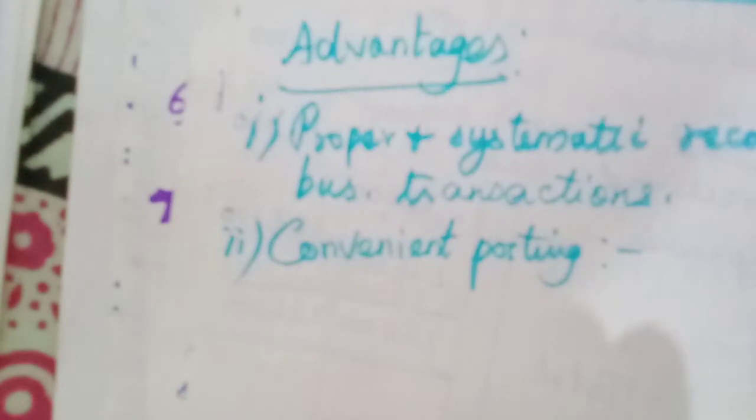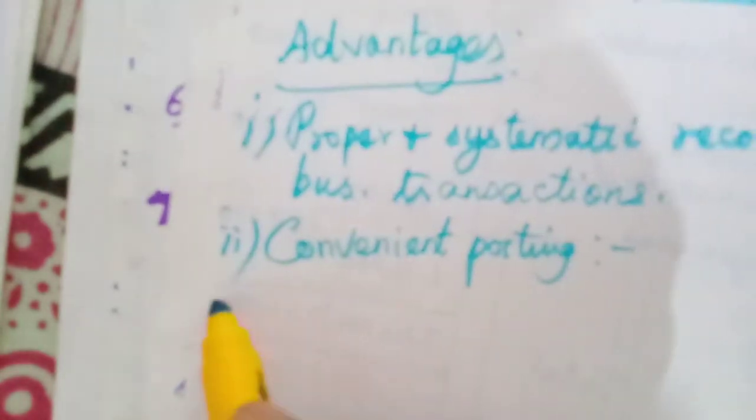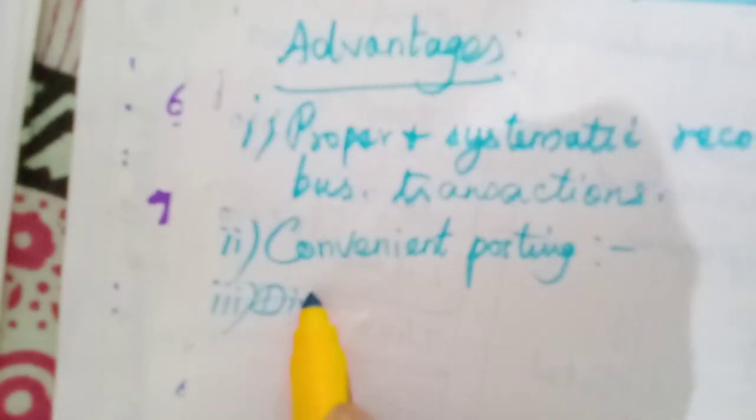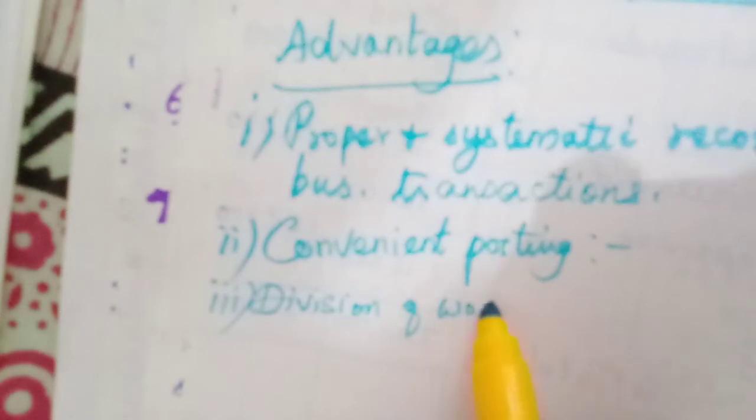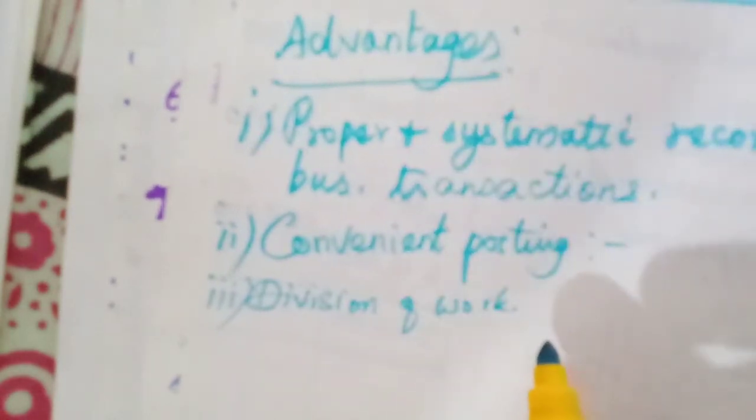Easily we can do. Okay, next one, division of work. Because in the journal, the cash book will be given to one person to enter, then the purchase book will be entered by another clerk.